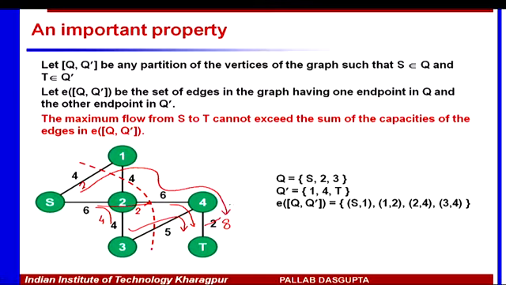In fact, I could probably do better. How much did I send? 4 and 2 and 2. So, that is maximum. The max flow here is 8.